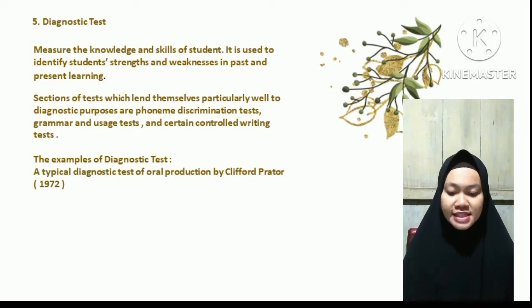Okay, a typical diagnostic test of oral production was created by Clifford Prator, 1972, to accompany a manual of English pronunciation. Test takers are directed to read a 150 word passage while they are tape recorded. The test administrator then refers to an inventory of phonological items for analyzing a learner's production.